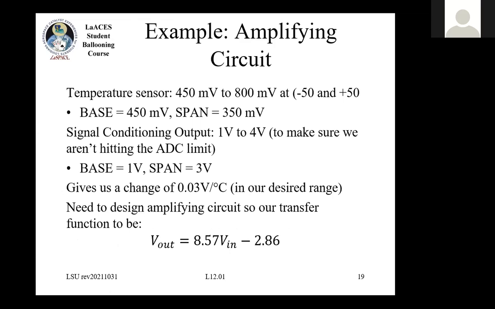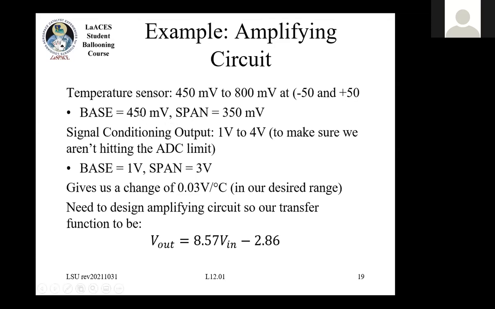Often there's going to be some uncertainty on this. So you may have an idea of what the ranges are, but you won't know the exact values. So you'll want to have your amplifying circuit so that you can actually adjust the gain and the offset slightly so that you can pick initial values and then make small changes.